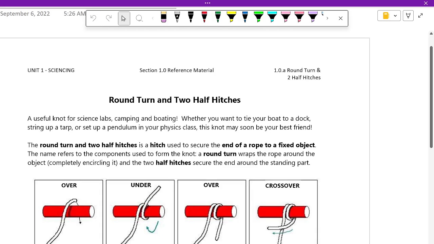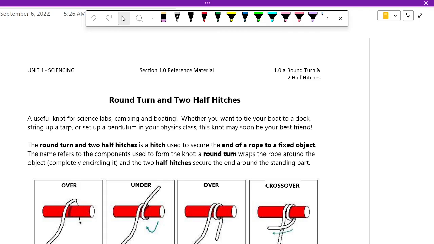It is an extremely useful knot, whether you are setting up science labs, camping, or boating. I actually started doing this activity because the physics teacher said that they got students in grade 12 who could not tie a knot. So I thought, why not practice tying a knot?